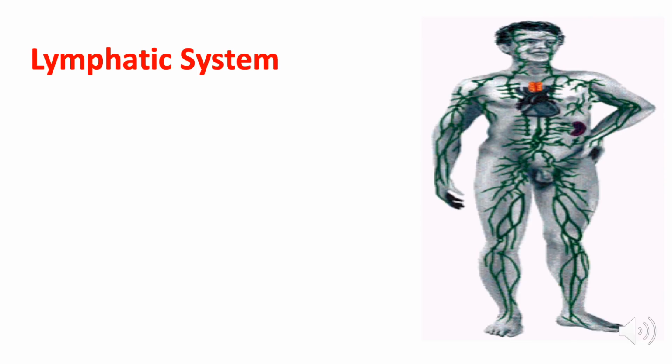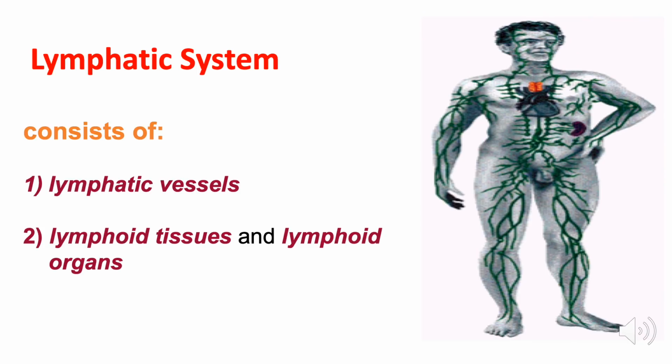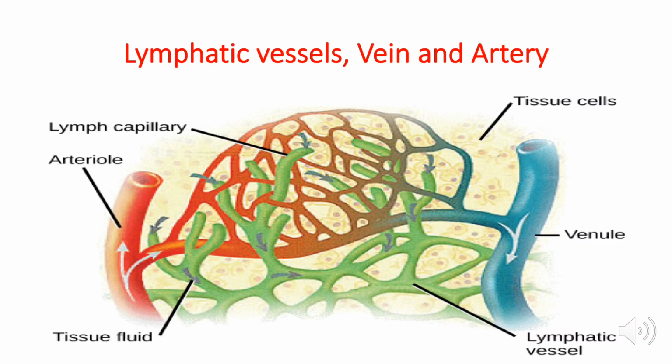The lymphatic system is composed of lymphatic vessels and lymphatic tissues or organs. We will first discuss the lymphatic vessels. You have here in this picture the red-colored arteriole and the blue-colored venule. Between these two blood vessels, you have the thin-walled capillaries.